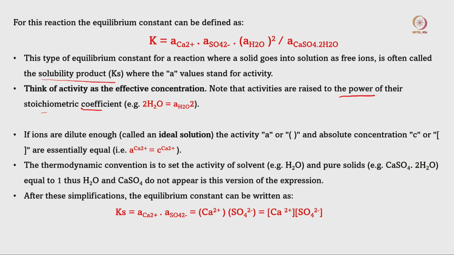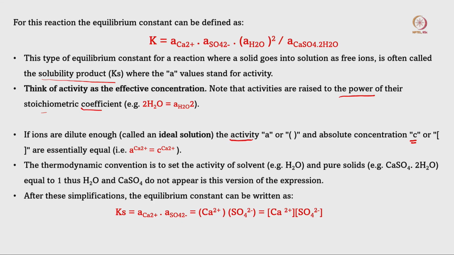If it had been a very dilute solution, what would happen? The absolute concentration C, written in terms of the square brackets, will be essentially equal to the activity.